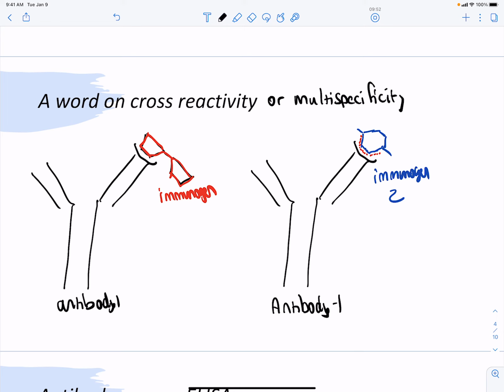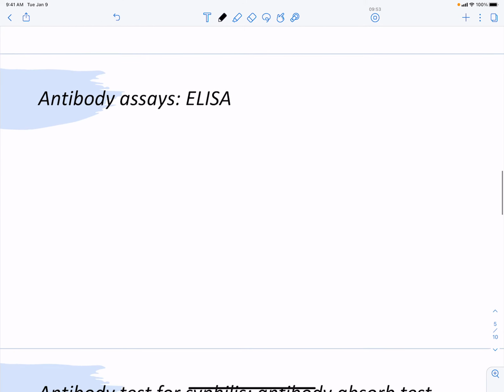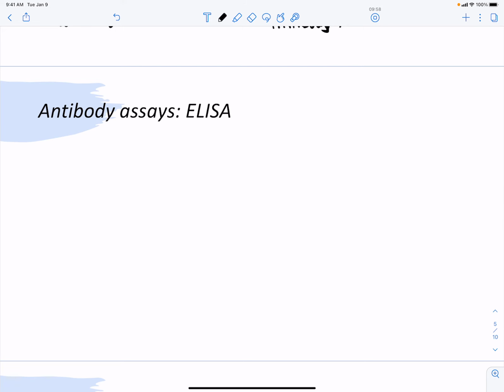Now, I just want to talk about how antibodies are going to be used for diagnostic tests. There are both qualitative and quantitative approaches to studying antibodies, or you can study the antigens they target. One of the most common tests used for diagnostics is the ELISA.